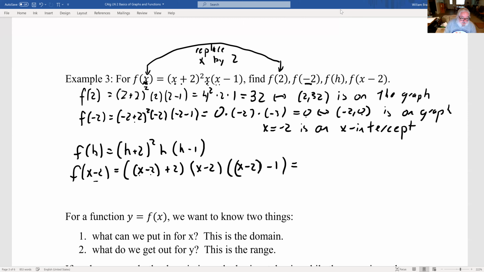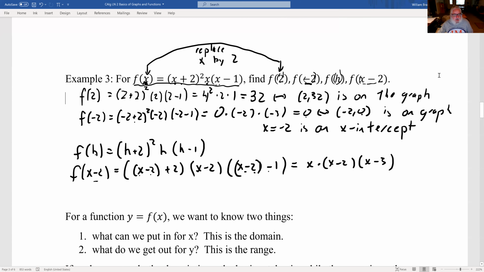So x minus 2 plus 2, that's just going to be an x. x minus 2 is just x minus 2. x minus 2 minus 1, that's x minus 3. And I'm not going to multiply that out, but you could if you wanted to. So if we have a formula like this, the thing inside the parentheses, you just take that and you plug it in wherever the x is in the formula, and that gives you the replacement.